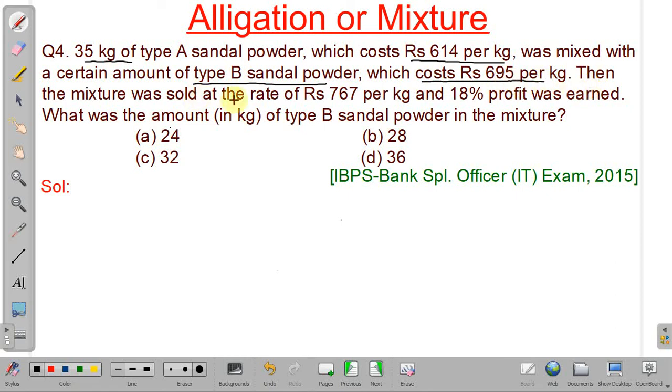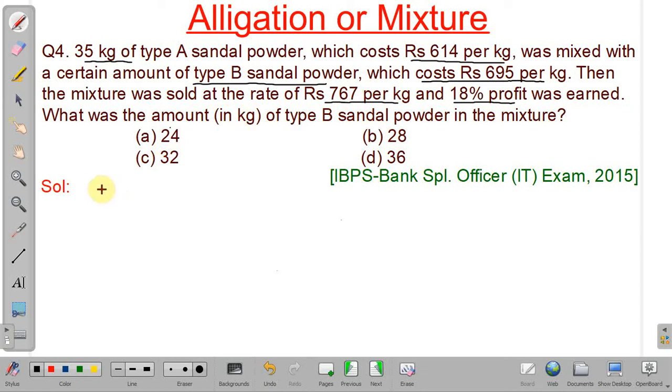The mixture is sold at 767 per kg, in which the profit was 18%. So we can calculate the cost price of the mixture because this is the selling price. Now we have to find the quantity of type B sandal powder in the mixture.